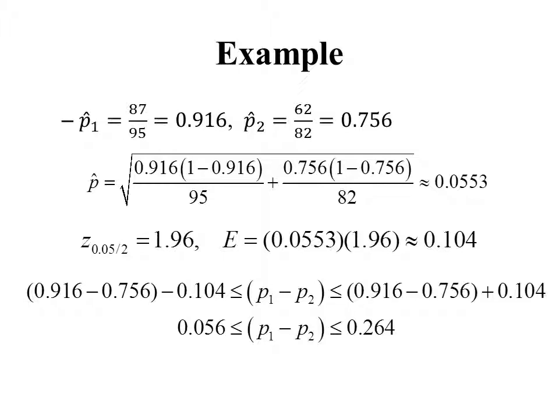And so then we plug those into the formula for the confidence interval. Here's p1 hat minus p2 hat minus E. Do the same thing over here, except we add E, and we get our lower and upper confidence interval limits.